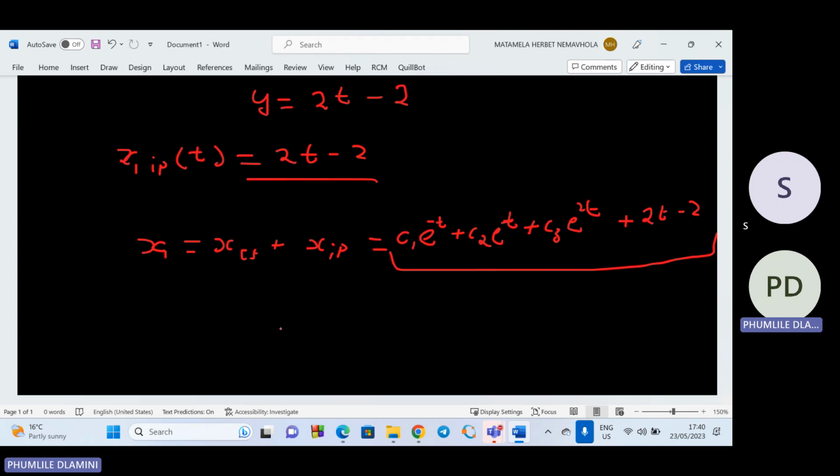So if we substitute this in equation 3, we are going to get x2.